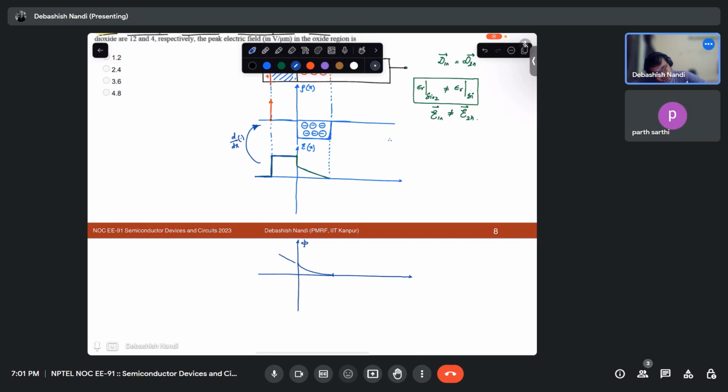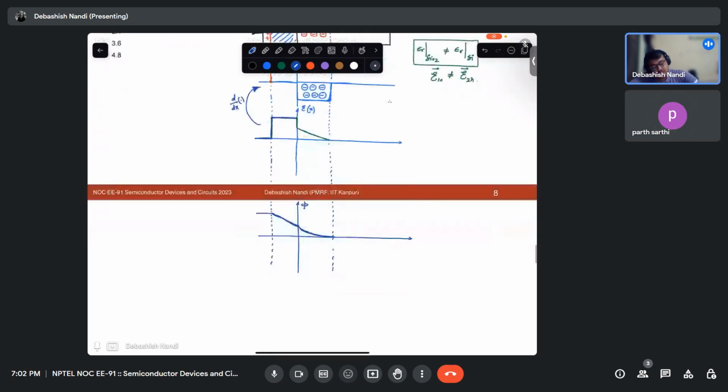Then in metal, what is it? That will be constant. Why? From physics, metal is an equipotential surface, right? Yes, sir. So this will be the nature.